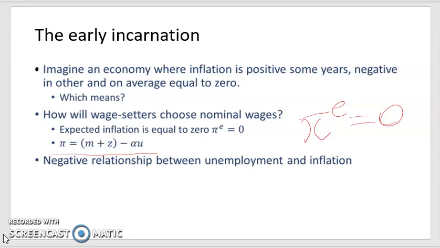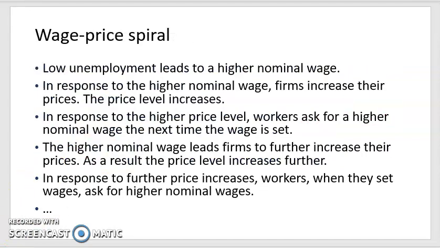This mechanism is also known as the wage price spiral. The process is as follows. Lower unemployment leads to higher nominal wage. In response to the higher nominal wage, firms increase their prices. The price level increases. In response to the higher price level, workers ask for a higher nominal wage the next time the wage is set.